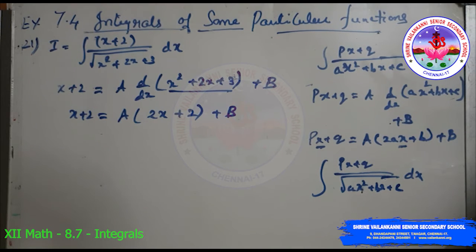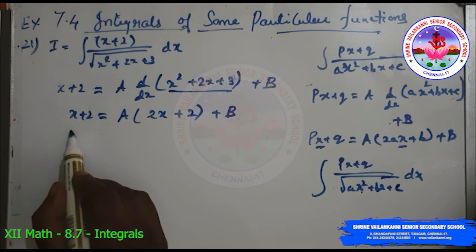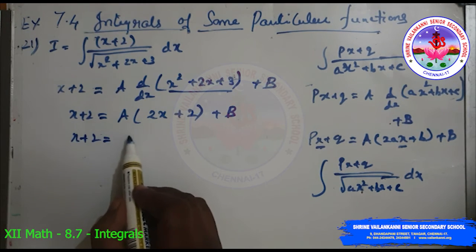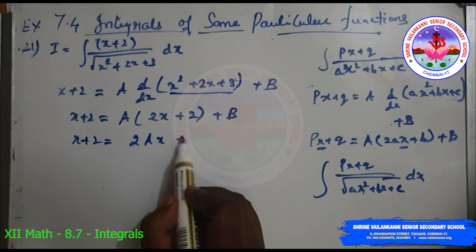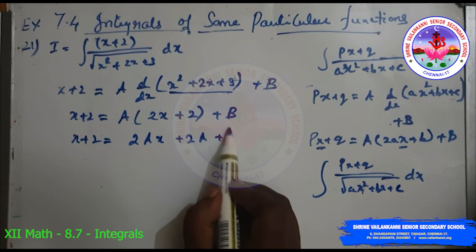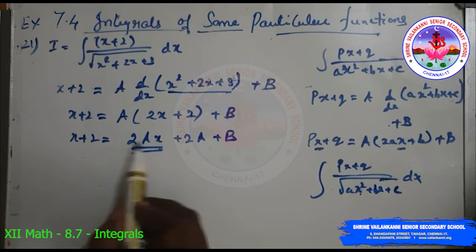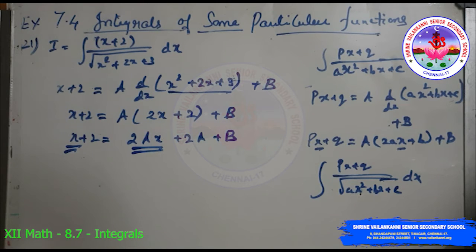Now we have to equate the coefficients to get the values of capital A and B. So first we will multiply: 2Ax plus 2A plus B. Here 2Ax and x, so we have to equate the coefficients, comparing the like terms.